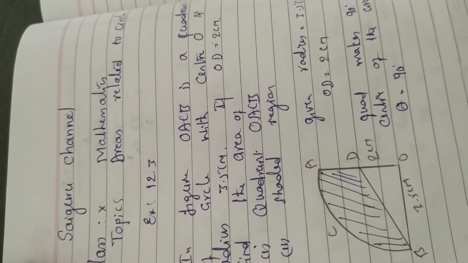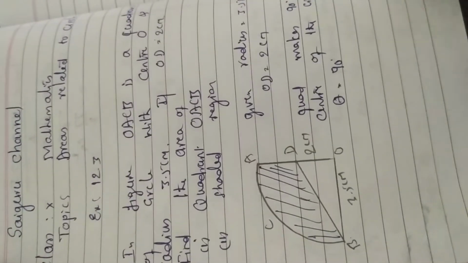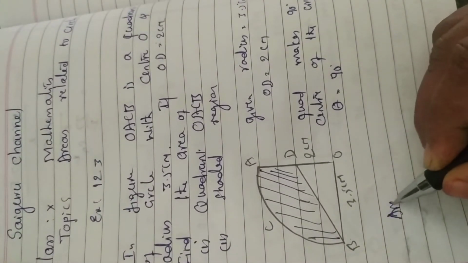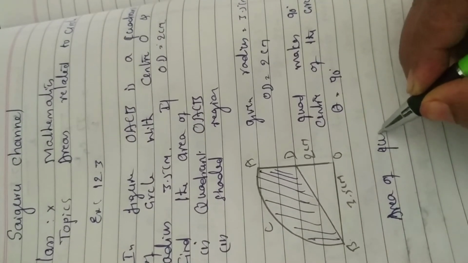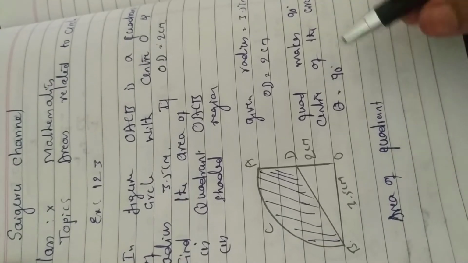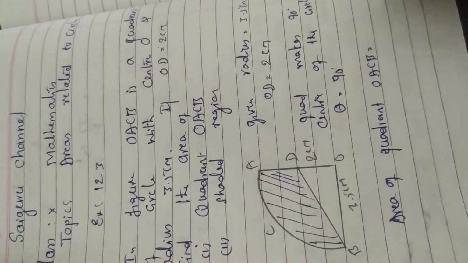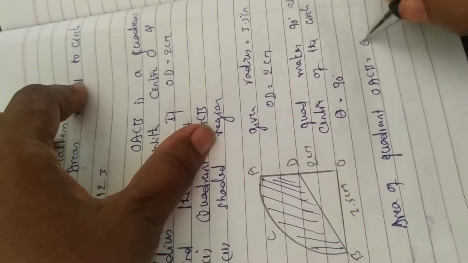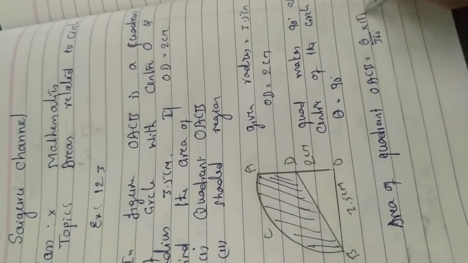So therefore, use the formula: area of sector, also the area of quadrant OACB, is equal to theta by 360 degrees into pi r square.